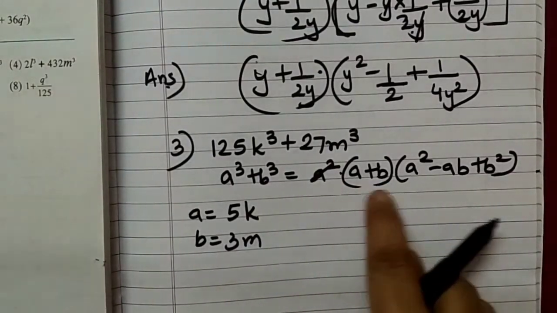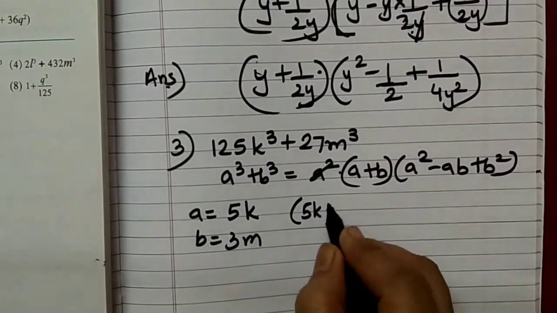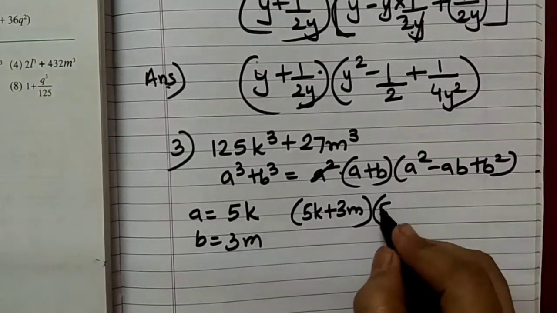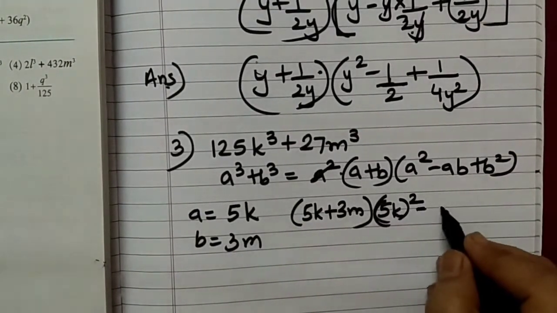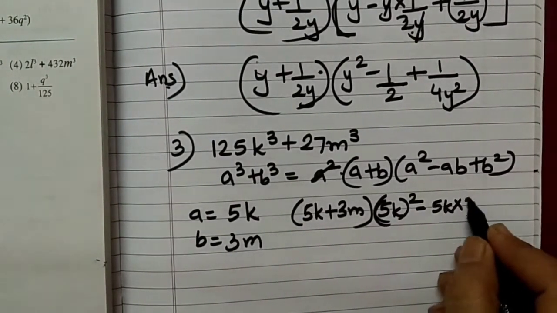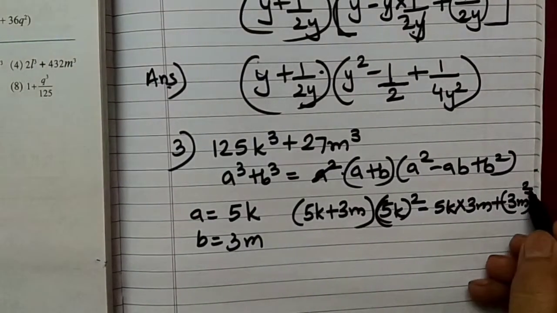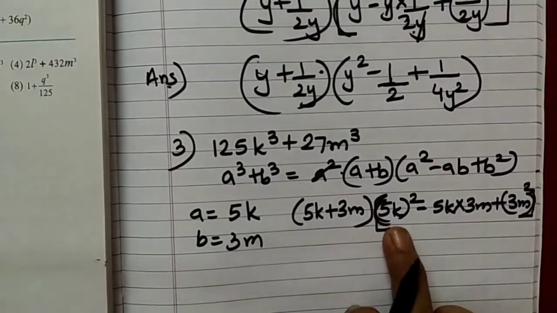Now let us substitute in this. So a plus b will be 5k plus 3m, then a square, (5k) square, minus 5k into 3m plus (3m) square, and put a bracket. Why am I putting this in bracket?